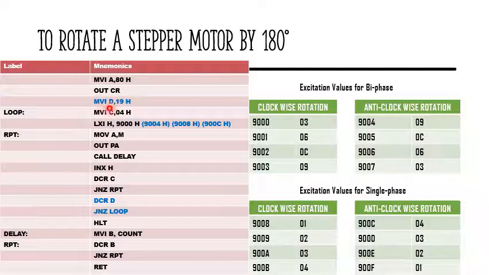If you want to rotate it for some other specified angle, say 60 degrees or 120 degrees or 70 degrees, we have to find the exact value for that specified degree of rotation, and that should be loaded as a counter.